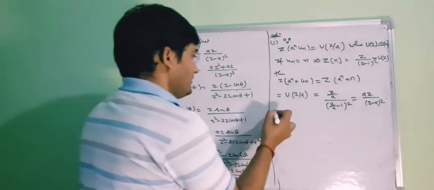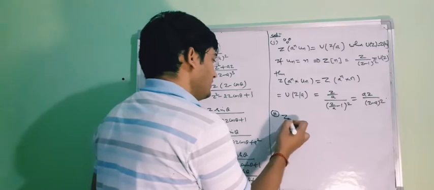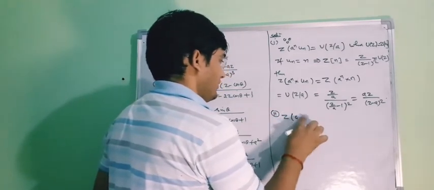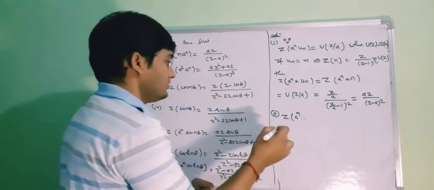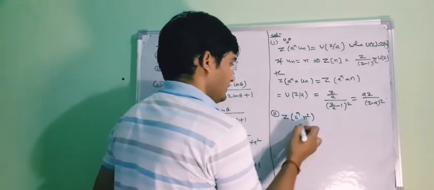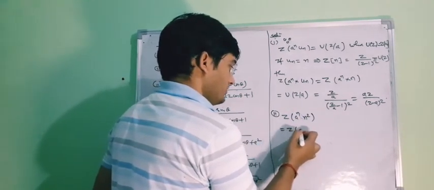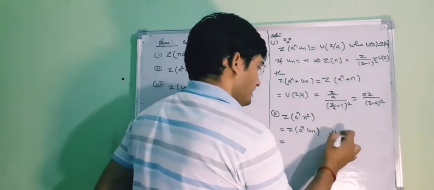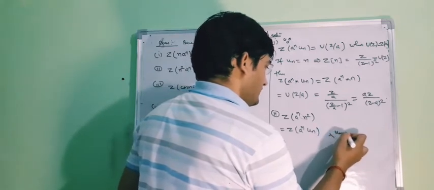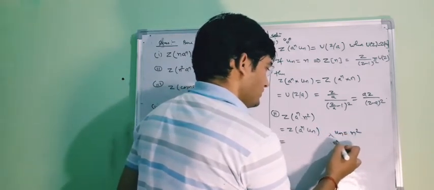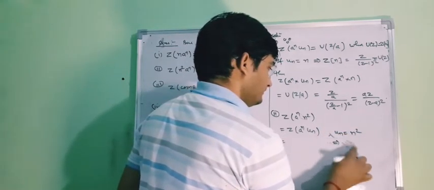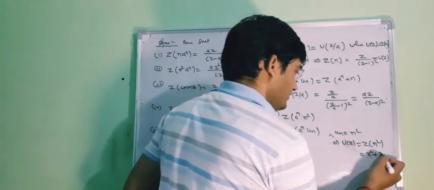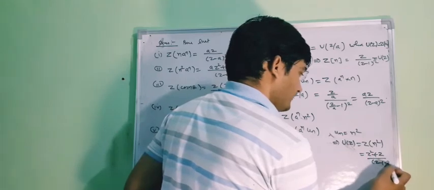For the second part, again use your damping rule. So the Z transformation of a power n into n square is equal to the Z transformation of a power n into un, where my un will be n square, and your uz was z square plus z upon z minus 1 whole cube.